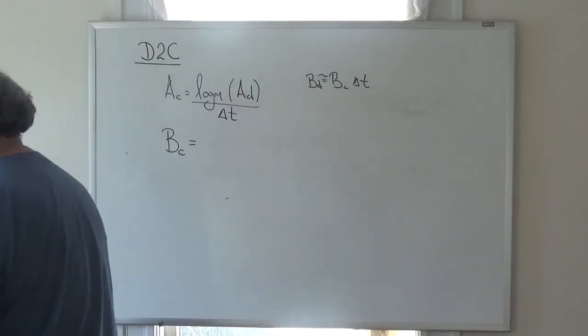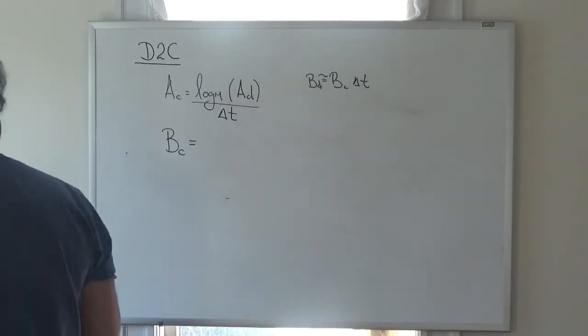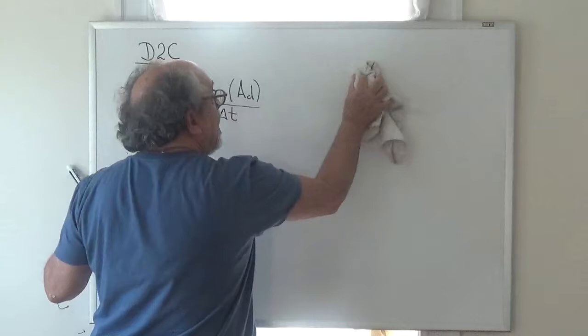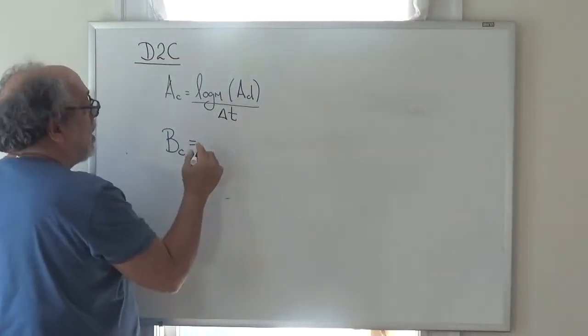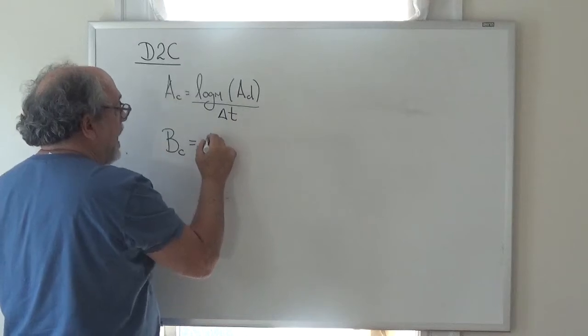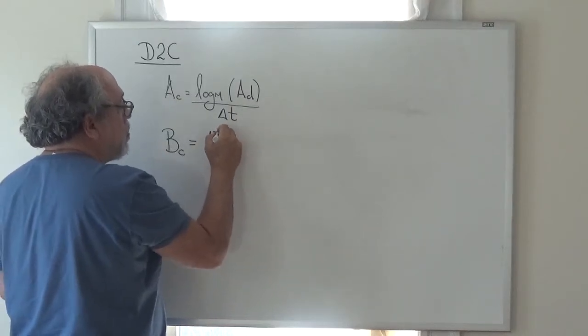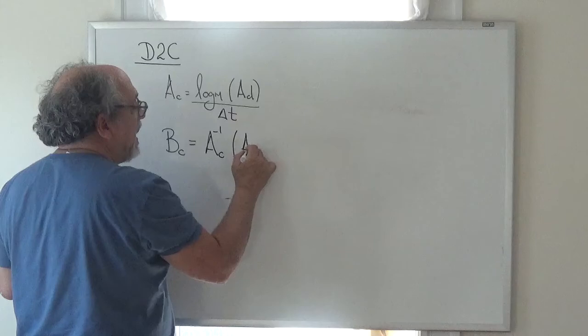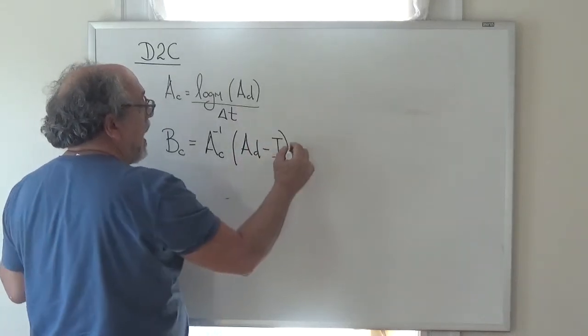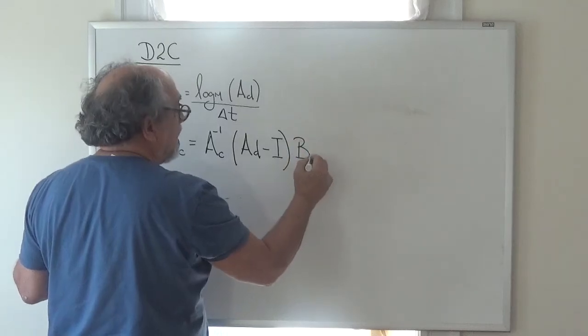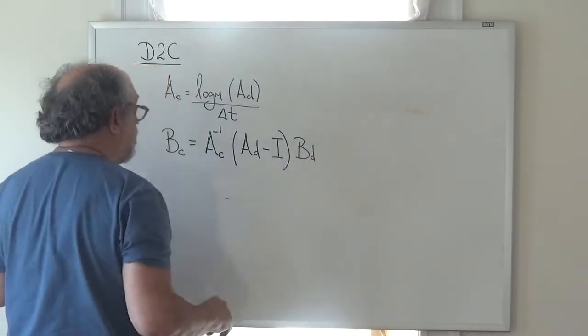That would not be too bad, but we can do better, and if we use a somewhat more precise formula, then we get something like A continuous to the minus 1 times A discrete minus the identity multiplied times B discrete.